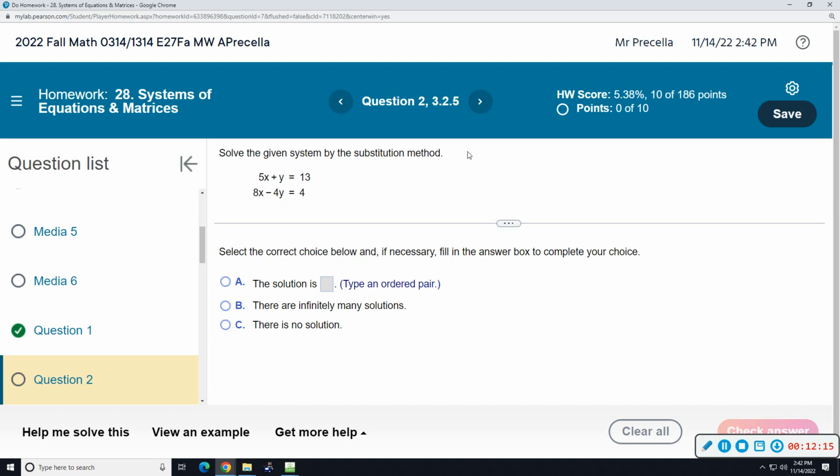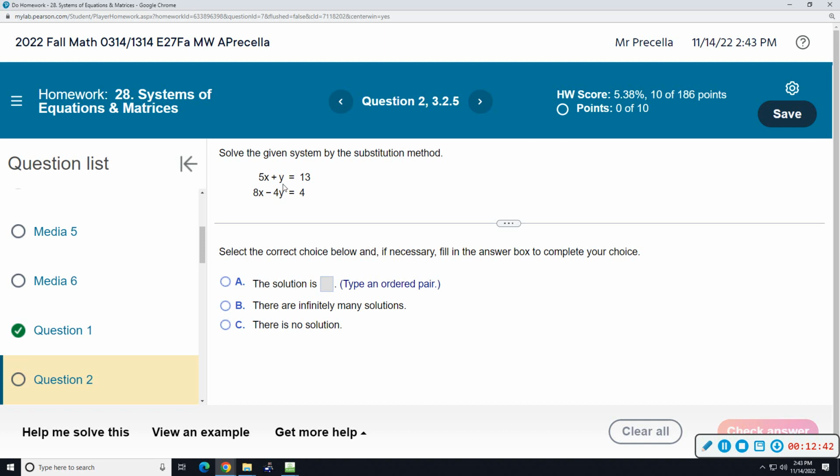In order to use the substitution method, because you're going to see several methods today, you sort of have to be able to easily isolate one of the variables. Looking at the two equations, which one of these 4 letters would be the easiest one to get by itself? Y. This y right here.